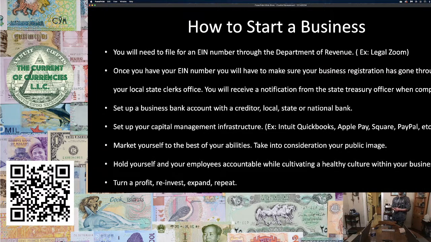Once you have your EIN number, you will have to make sure that your business registration has gone through your local state clerk's office. It's as simple as just going there with your documents and processing them. You will receive a notice from the state treasury office when it's complete.